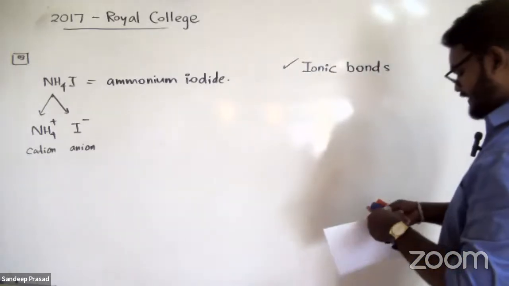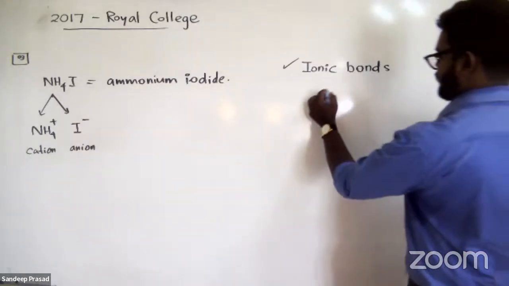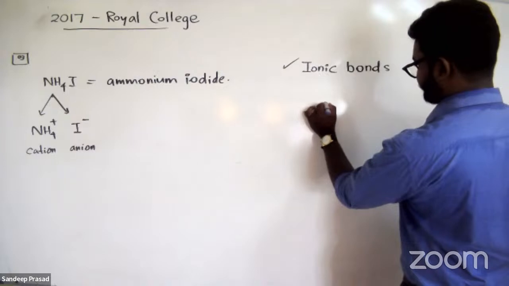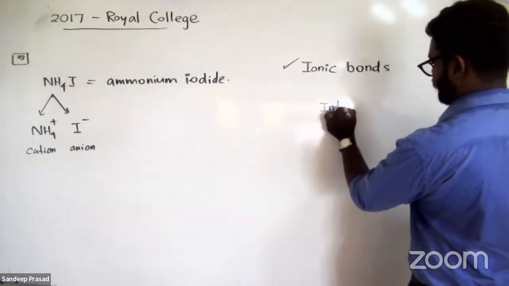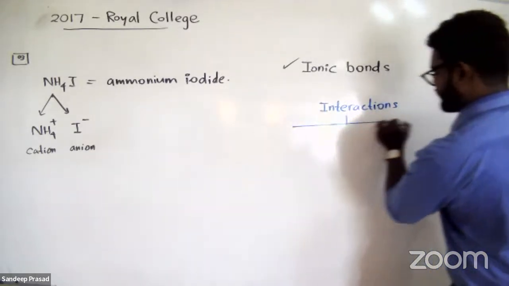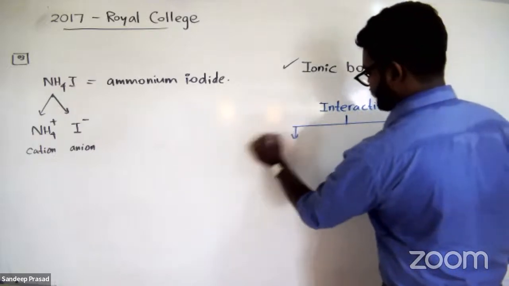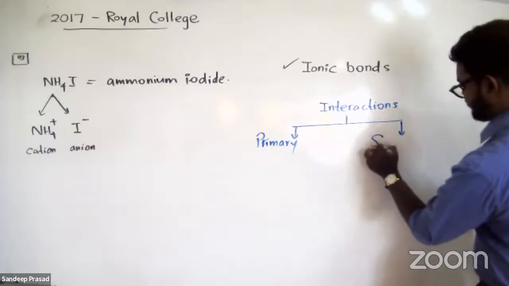Remember, students, in the second unit I taught you interactions. This is the theory point. When we categorize bonds or interactions, there are two types: primary interactions and secondary interactions.